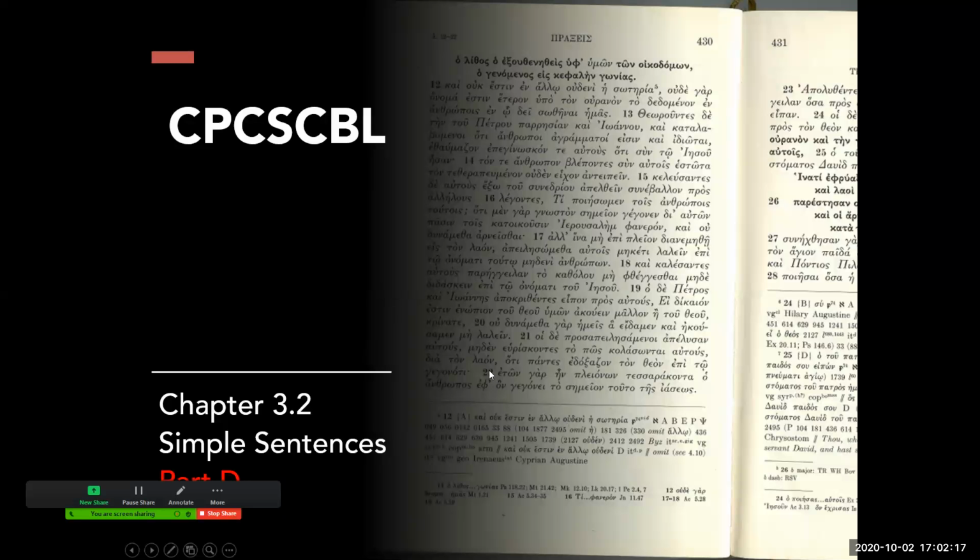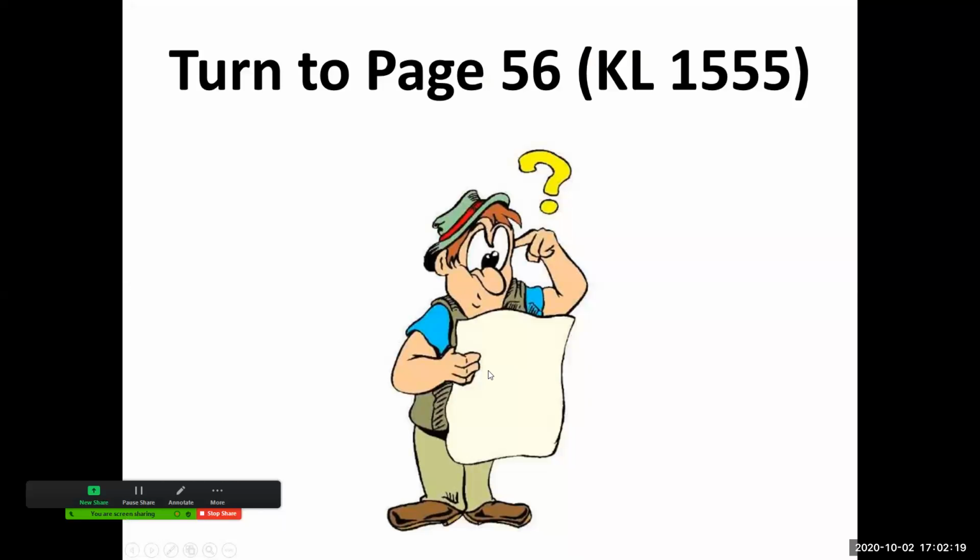Simple sentences, part D. If you turn to page 56 and section 3.2, I hope that you had fun with the exercises on page 55 and 56 as homework. And they would be good practice, especially English to Greek.